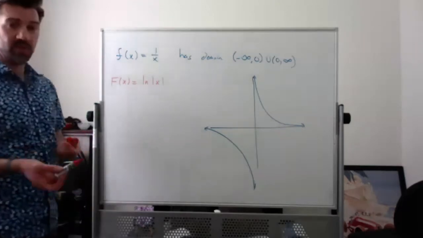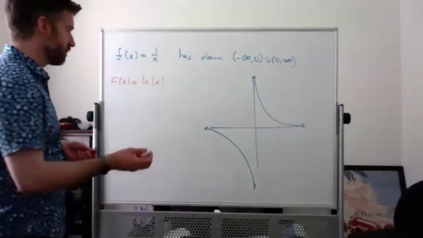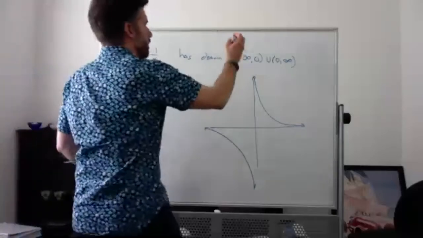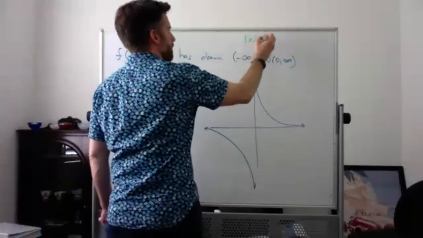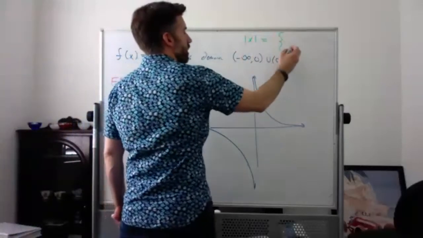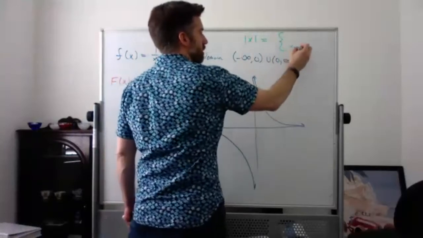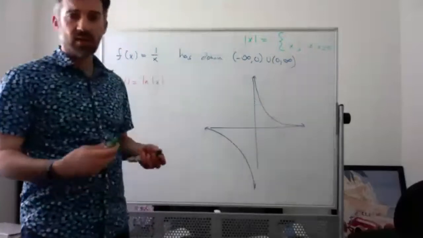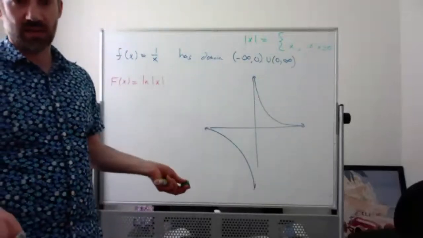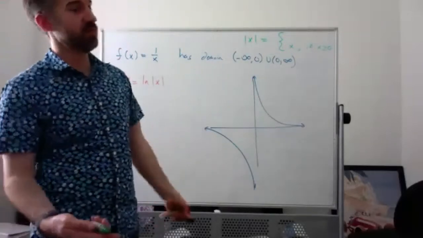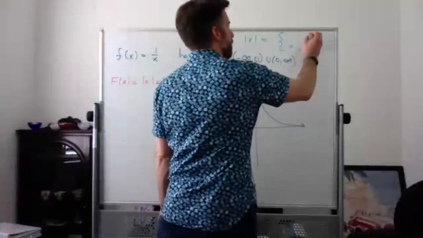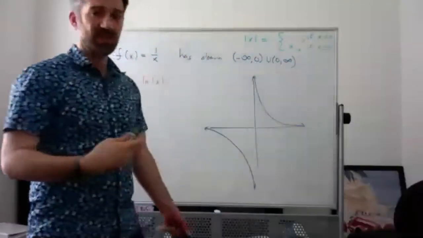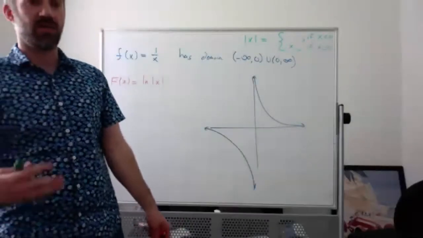Now, here's where we have to remember something about the absolute value function. I'm going to remind you guys up over here that the absolute value of x is equal to x if x is positive. Right, if x is already positive, then the absolute value of x is just x, like the absolute value of 5 is just 5. On the other hand, if x is negative, like if x was negative 5, the absolute value of x isn't just x.